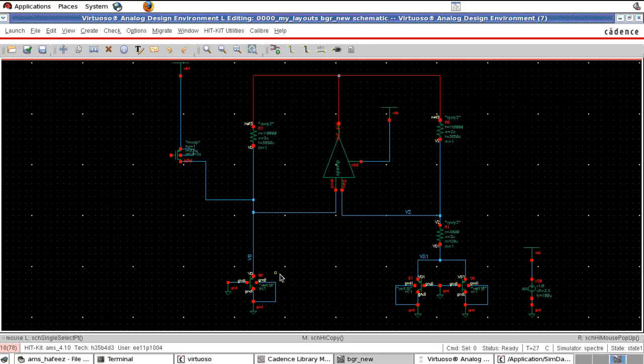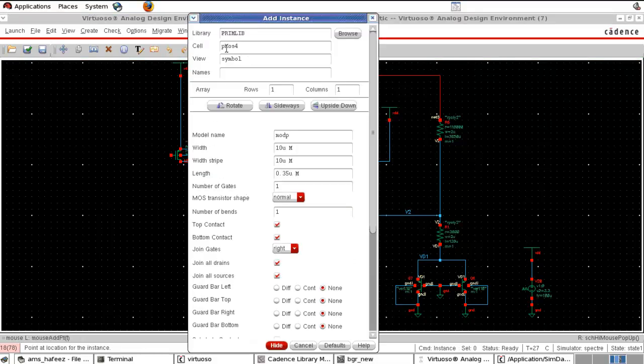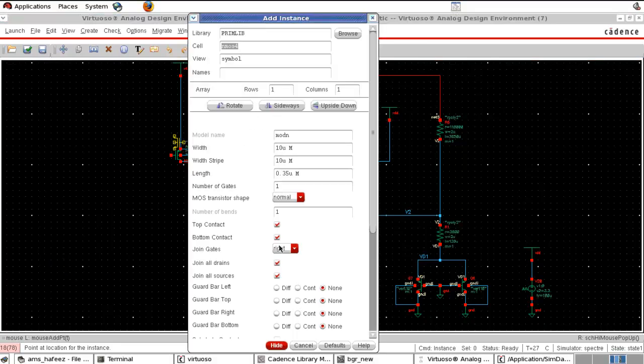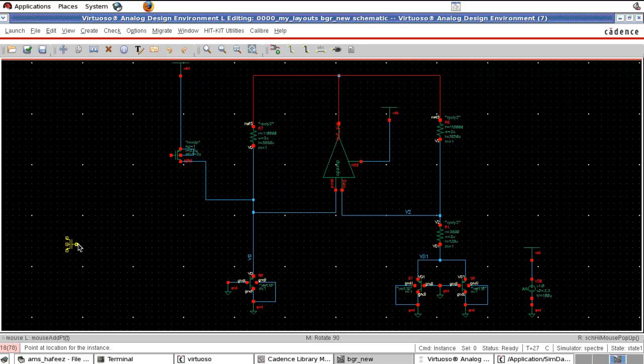And we need an NMOS. We need a big NMOS here, to turn off the startup circuit once the bandgap reference is working properly.